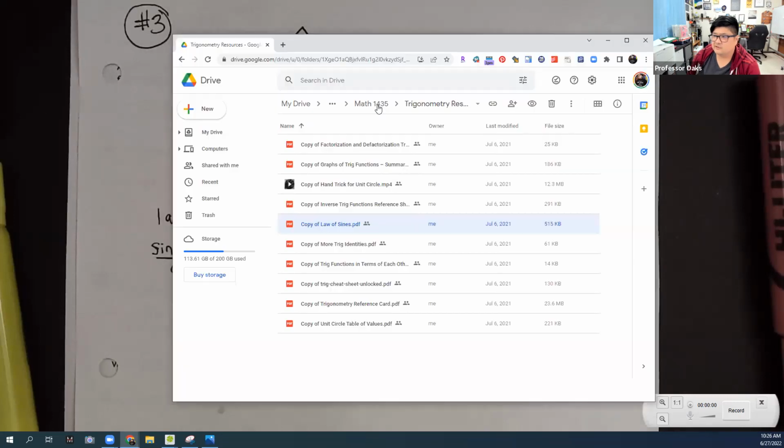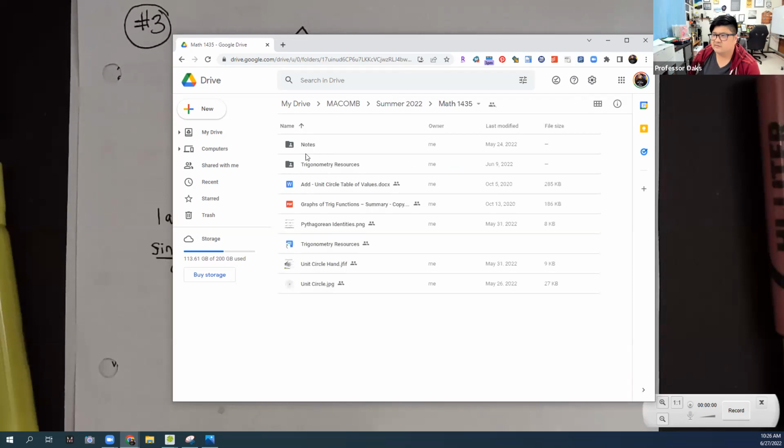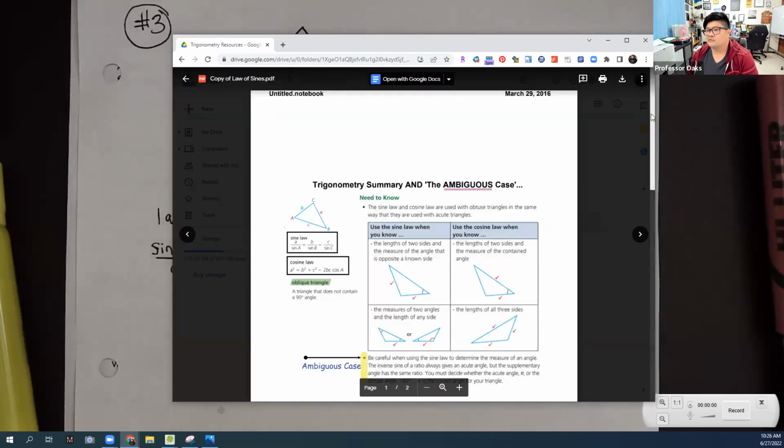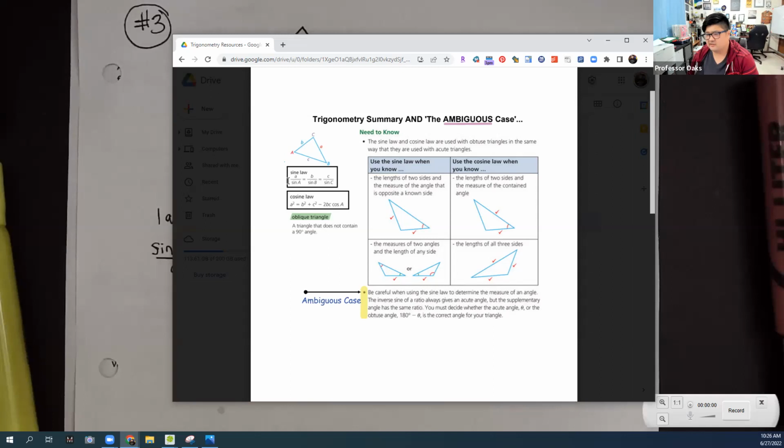If you go there, to the link on Canvas, it will be in the one that says trigonometry resources, and then law of sines. So this is what I was saying, that the book uses the reciprocals of the law of sines.